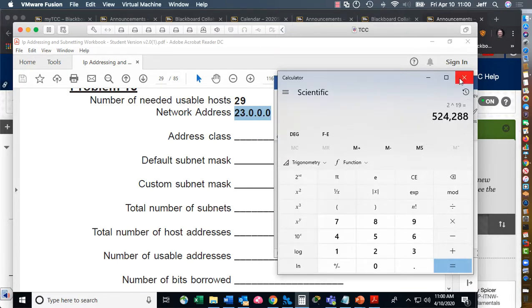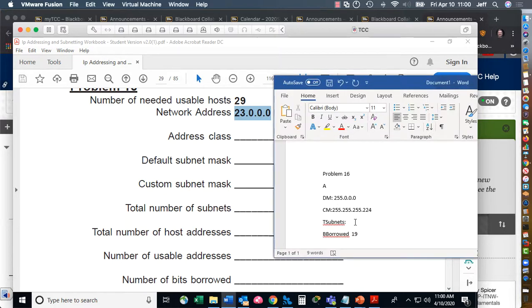So I copy that and paste it right here. So we have 524,288 subnets that we can create, because we borrowed 19 bits.